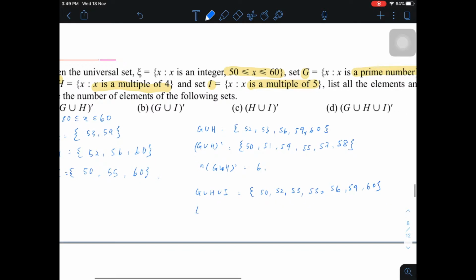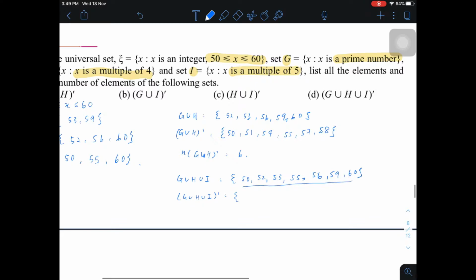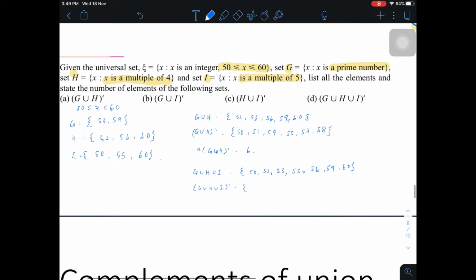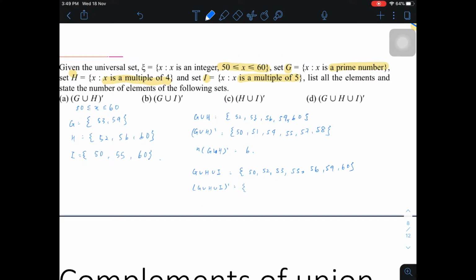And we want the complement of the G, H, and I union. It would be any number except this, right? So let's check again. What numbers are we missing? So 51, 54, 57, and 58. So again, the number of elements of the complement of the union of the sets would be 4. Okay.